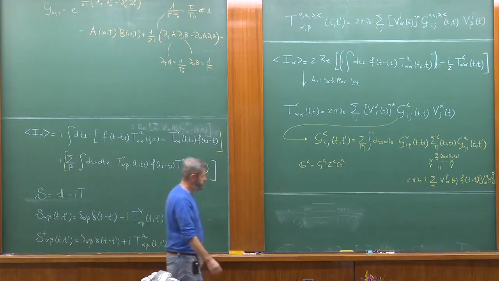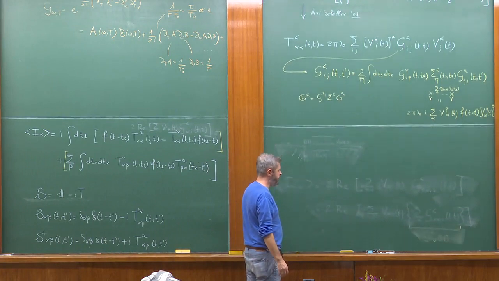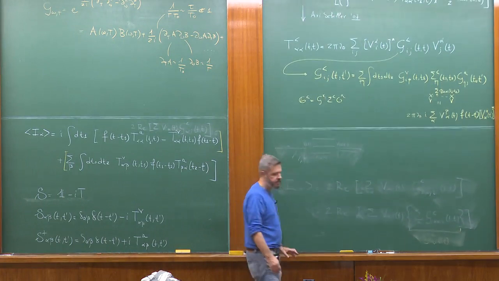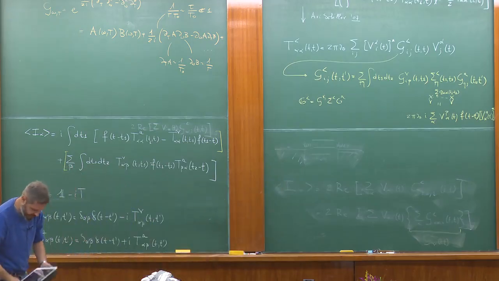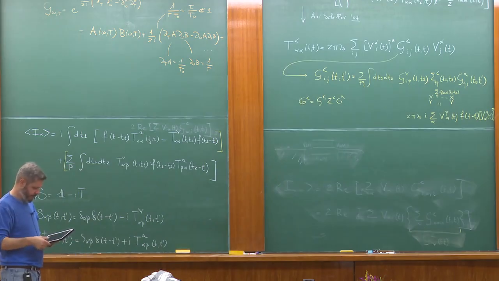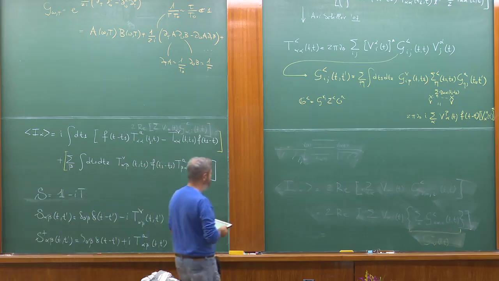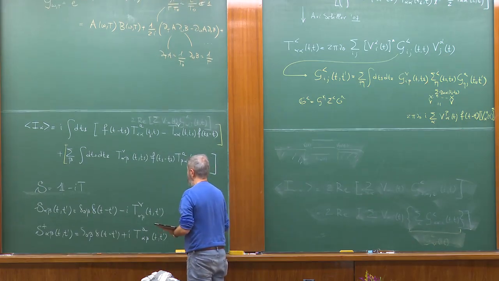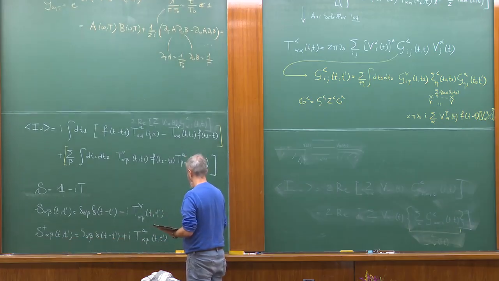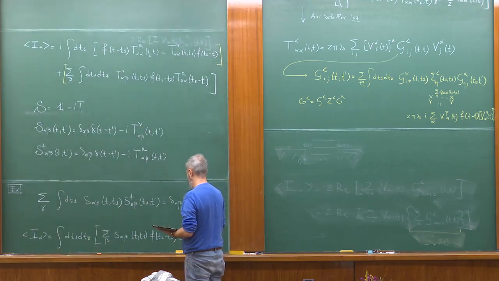Okay, so we are almost done, and we will get soon to the physics. Okay, so now you take that formula that I wrote up there, and you take the gradient expansion of it.